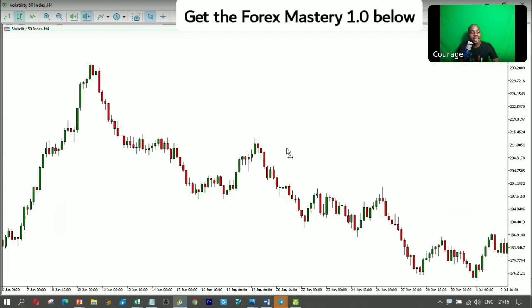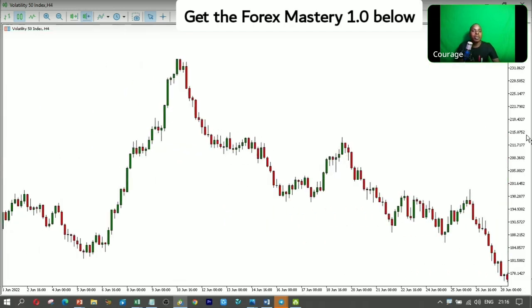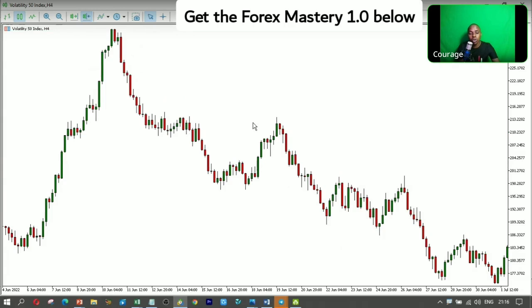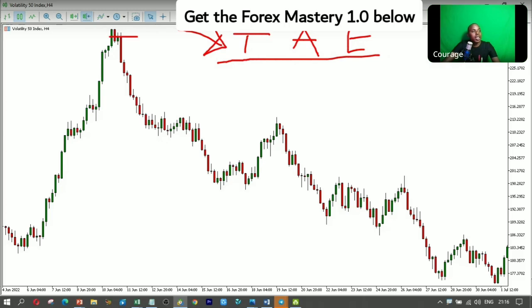So in this chart here, let me just show you the strategy that I was talking about. We said we need the TAE formula. First you need to know the trend. Once you see the trend, it's a downtrend. So this trend from this point here, we saw this strong move here moving down, makes a pullback.